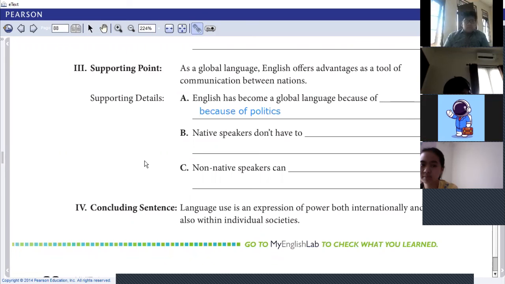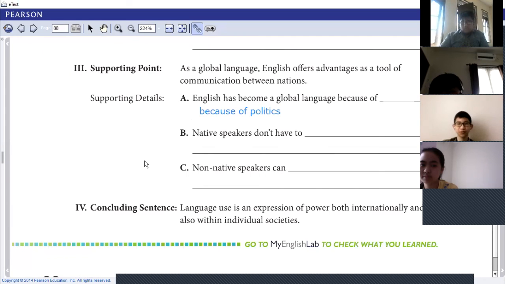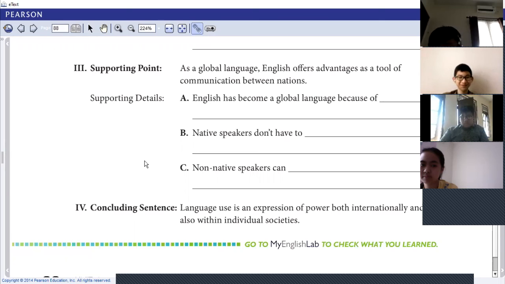So we've got B. Native speakers do not have to learn another language because they already speak the global language. But what about non-native speakers, those who don't speak it? They can? They can, I think they can speak English too. Yeah, they can, so they can communicate with others. Very good.